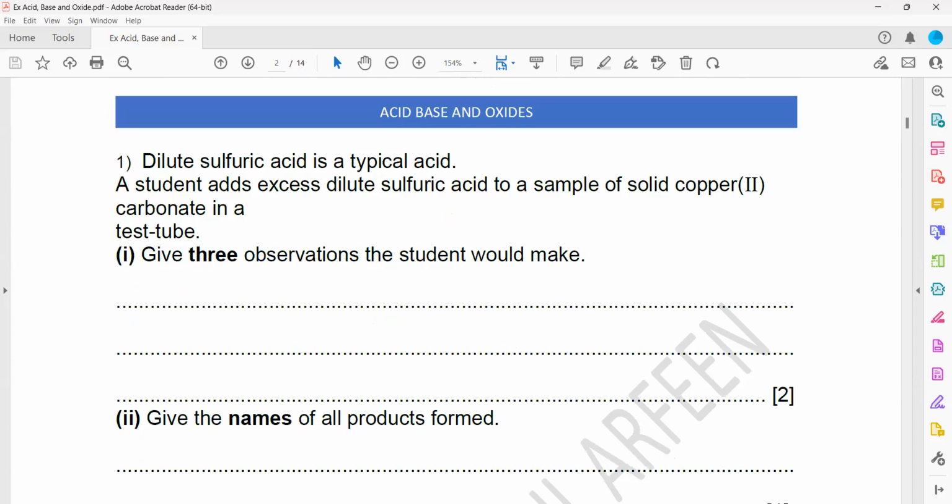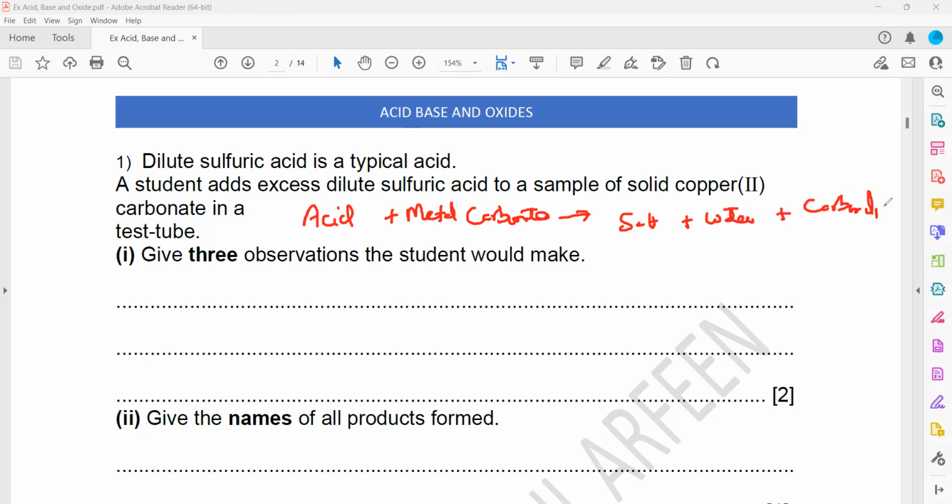Starting with question 1, we have dilute sulfuric acid, which is a typical acid. A student adds more than enough dilute sulfuric acid to a sample of copper(II) carbonate. Whenever an acid reacts with a metal carbonate, it produces a salt, water, and carbon dioxide.